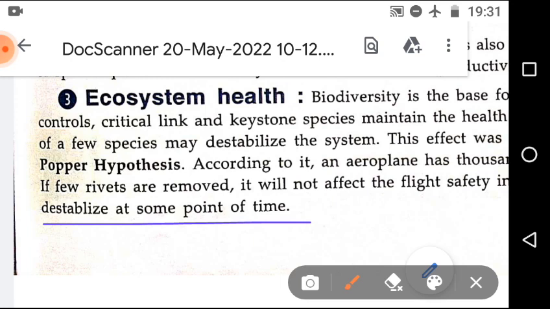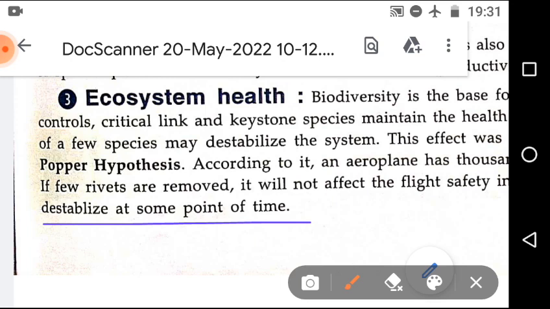It's not that the ecosystem quickly gets destabilized, but at a certain point of time the ecosystem will start to destabilize. So similarly, Paul Ehrlich proposed this theory by comparing the whole ecosystem to an aeroplane, and the rivets used to join the metal sheets are compared to the different species found in the ecosystem.